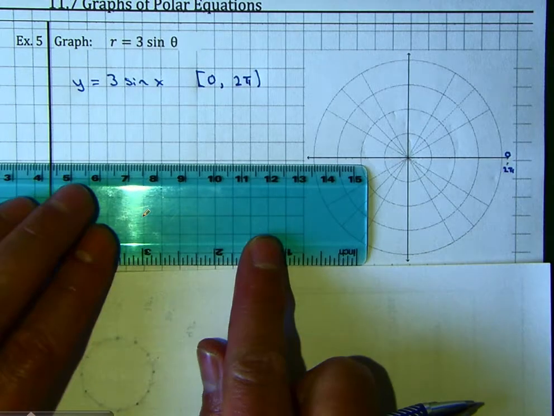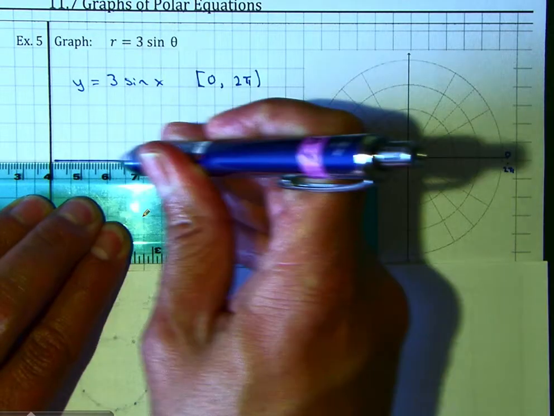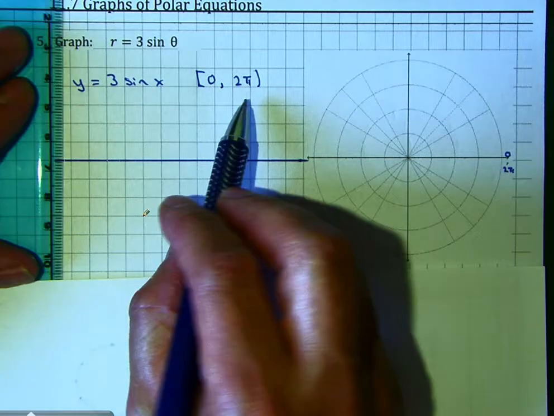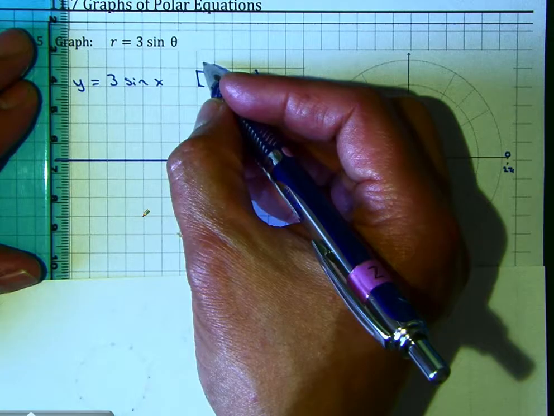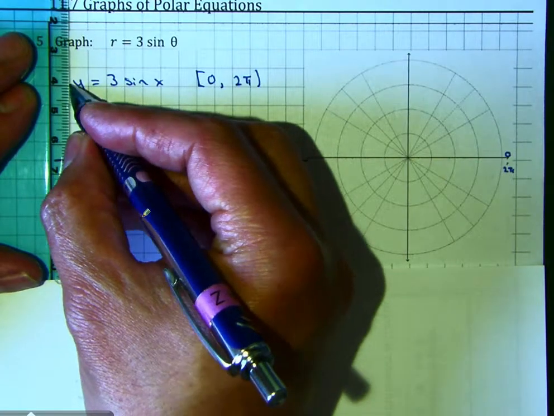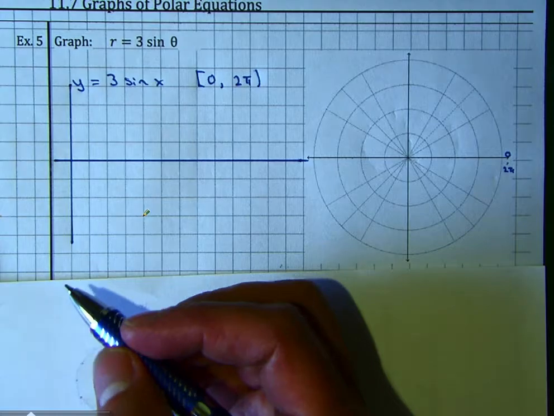So I'll make an x and y axis. I'm going to make a longer x-axis, and on it I just want from 0 to 2 pi, and we can do from 0 to 360 if we do it in degrees. For now, we're going to switch over to radians, because once you go into calculus, you'll be using mostly radians.